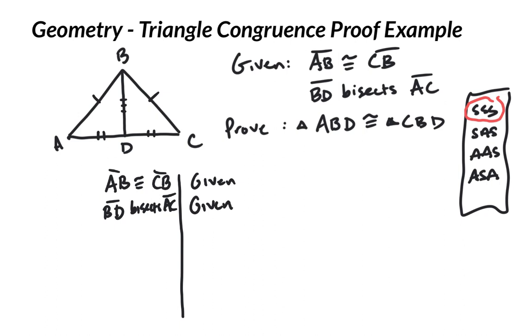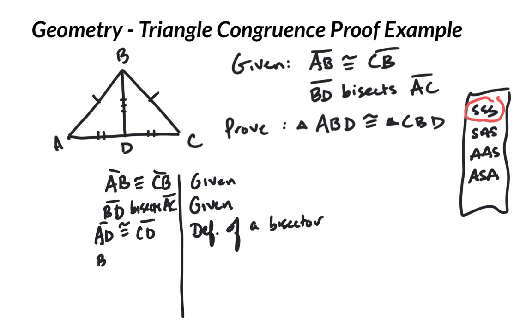Well, what that tells me is that AD is congruent to CD. And how I know that, my reasoning is, that is the very definition of a bisector. It cuts things in half. Okay, so now I've established two sides.